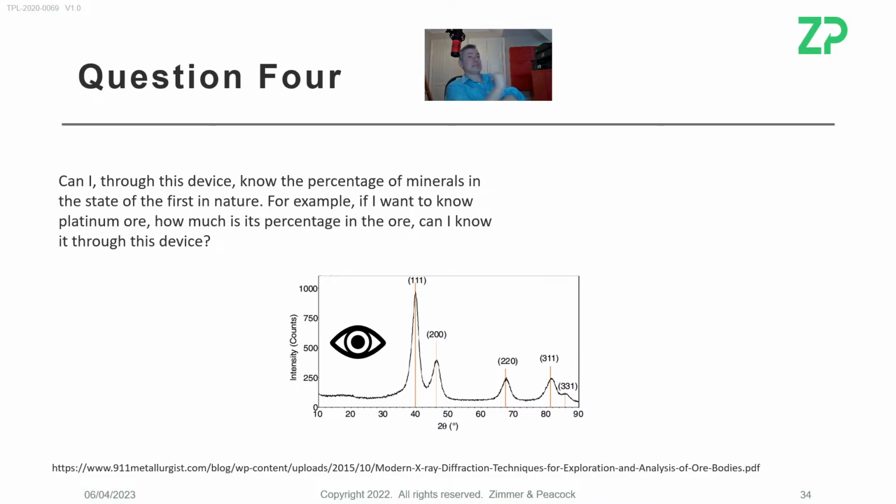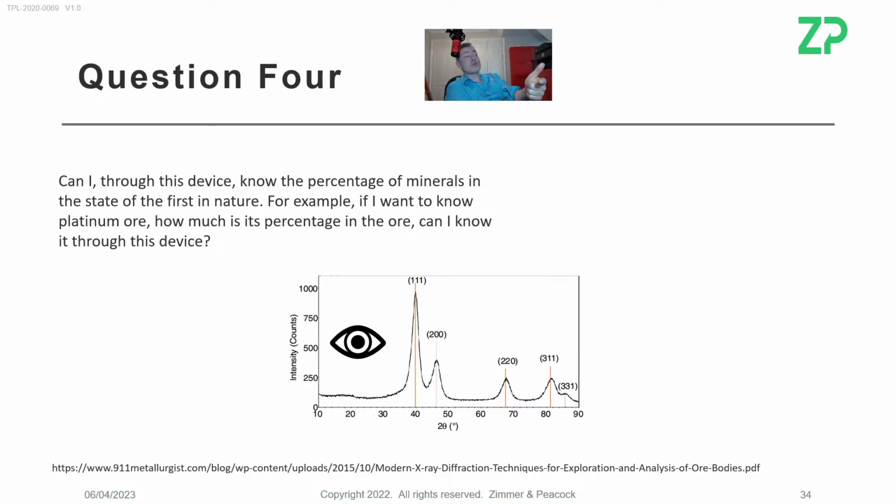The kicker is, this is possibly done in industry, but it's a very expensive technique. But there is no magic technique. You're asking how can I look at this ore and know how much platinum, or gold, is in there? Actually, there is a technique for it, X-ray diffraction. But I suspect the kit will be very expensive.